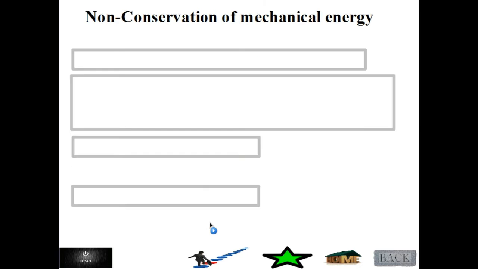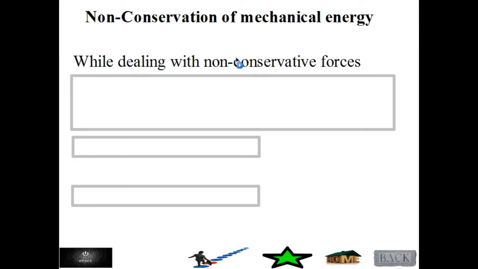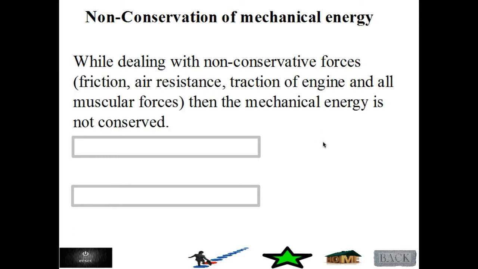Now, we have the case where mechanical energy is not conserved: non-conservation of mechanical energy. Of course, while we are dealing with non-conservative forces, as we said before, friction, resistance, traction force of the engine, and all muscular forces, then the mechanical energy is not conserved. Why is it not conserved?